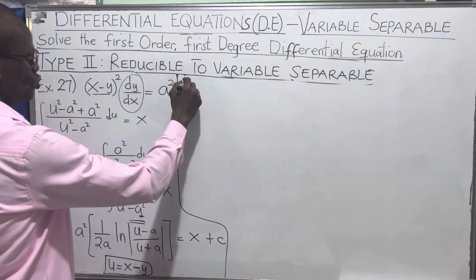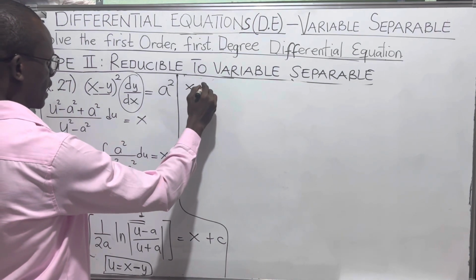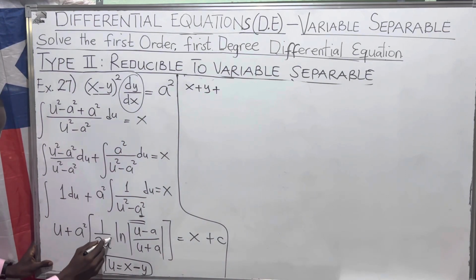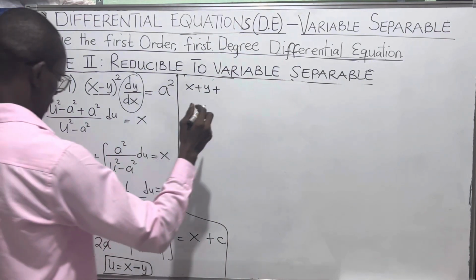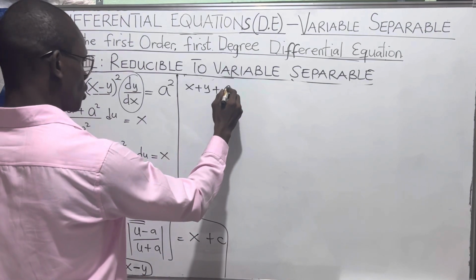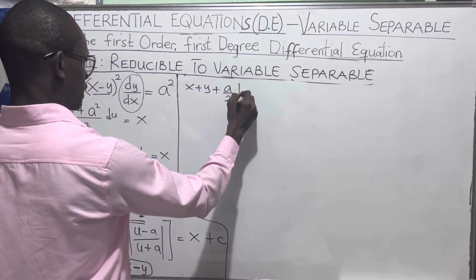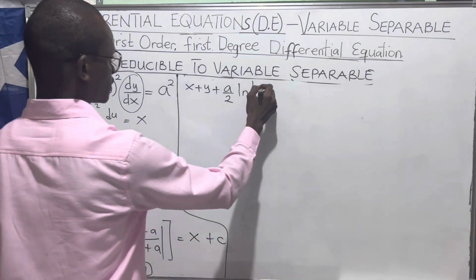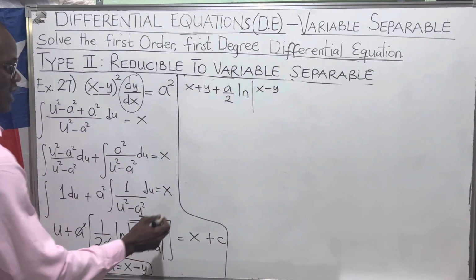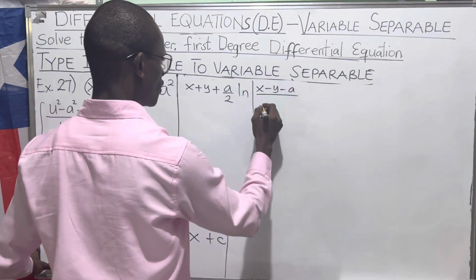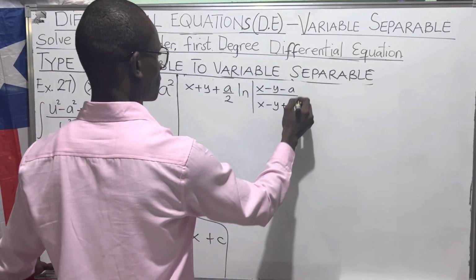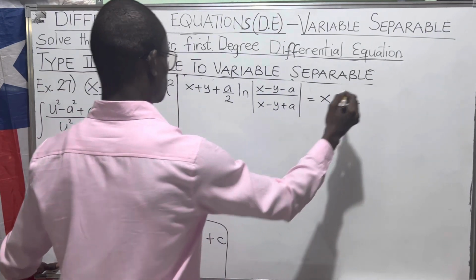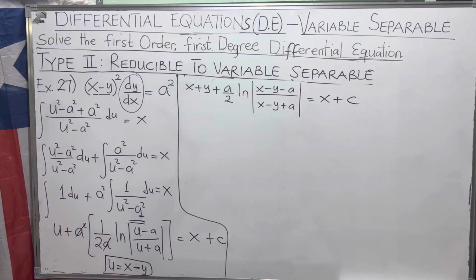So now we have u, which is now x minus y, plus a squared. Now this a will cancel 1 from here. So you just have something like a over 2, the ln of, now this u is x minus y, minus a all over x minus y plus a equals x plus some arbitrary constant c.